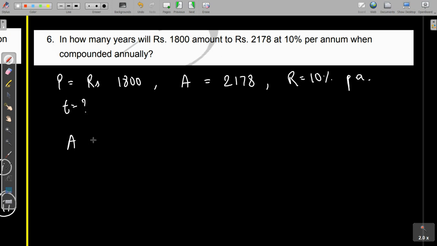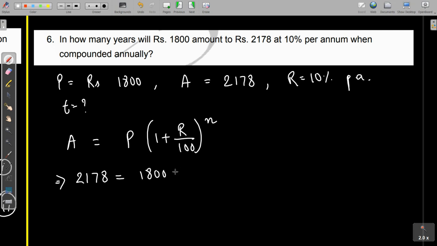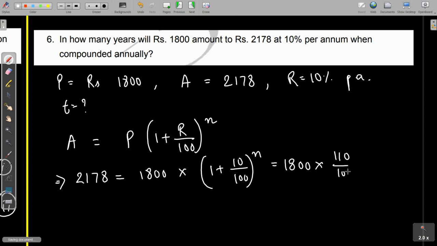So can we just use the formula for amount? My t would be n, right? I'm going to put the values that I know: 2178, 1800, 1 plus 10 by 100. This can be rewritten as 1800 multiplied by 110 by 100, and the zeros would be cancelled out.